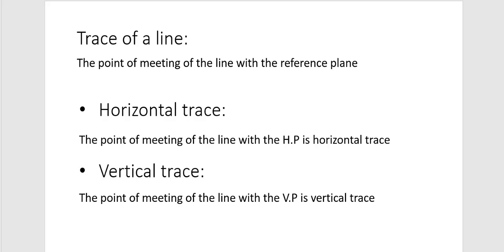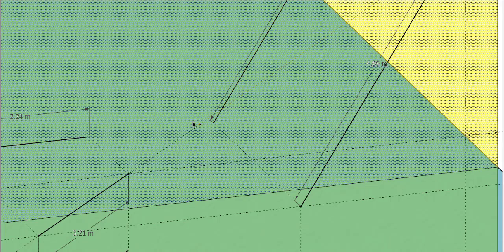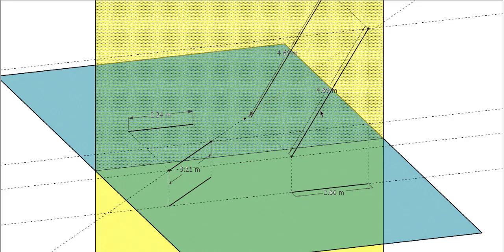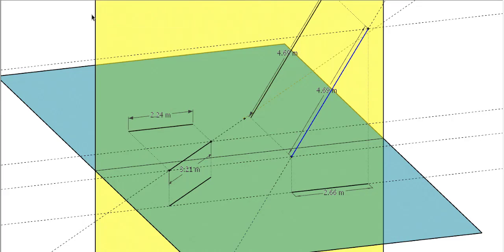Okay, let's go back to the definition. The point of meeting of the line with the vertical plane is known as the vertical trace. So in this case, this is the vertical trace. Similarly, in the case of this other line, again I'm going to extend it.